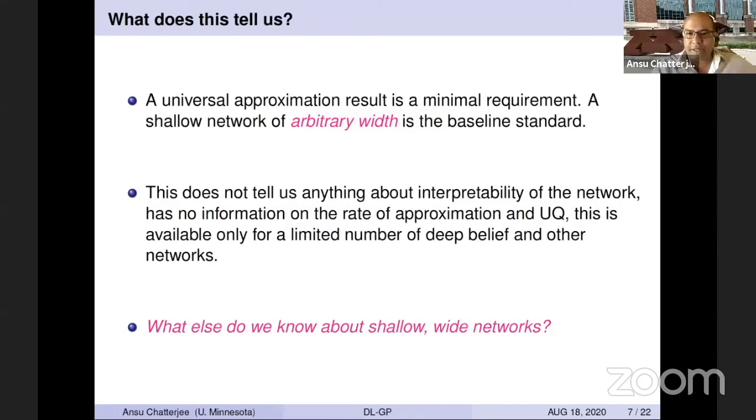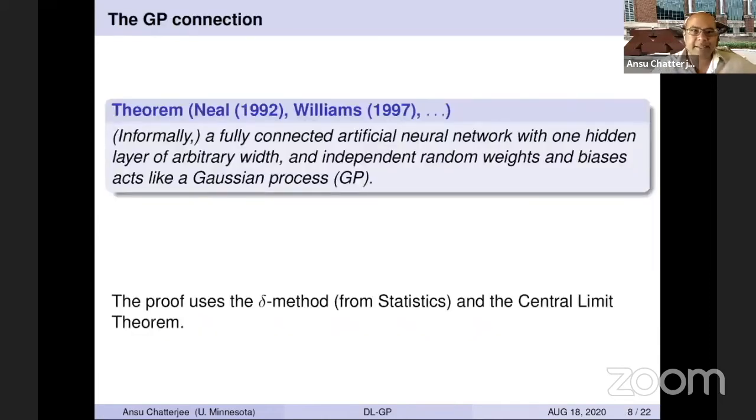So what else do we know about shallow, wide networks? And this is something that Radford Neal, who's actually a very, very brilliant person, contributed tons to this field, came up with in his thesis, that if you take this 2-layer network infinitely wide, what you're pretty much doing is you're doing stuff that a Gaussian process would do.